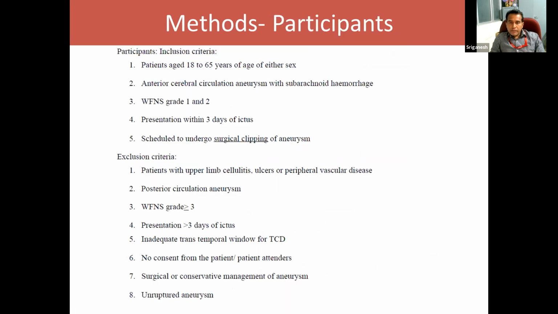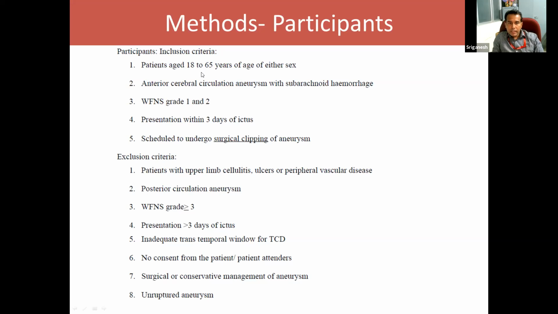So when you talk of methods, you need to give more details in your proposal. These can be cut down when you are writing the main paper, but when you are writing a research proposal and submitting it to the ethics committee or department scientific committee or a funding agency, these details should be elaborated to inform the reader what specific group of population you are studying.